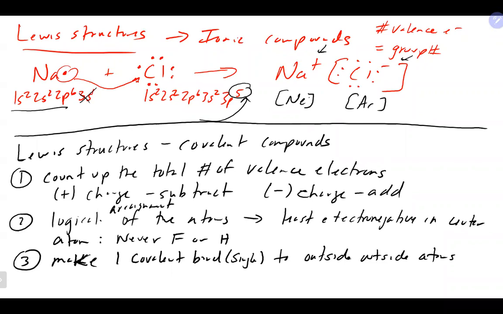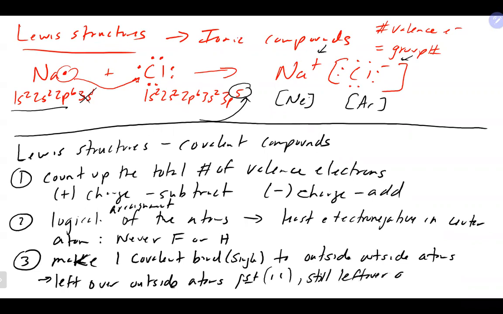So however many electrons are left over, the leftover electrons go on the outside atoms first, in pairs, so pairs of dots. And then if you still have leftover after you fill out the outside atoms, they go to the center atom in dots.